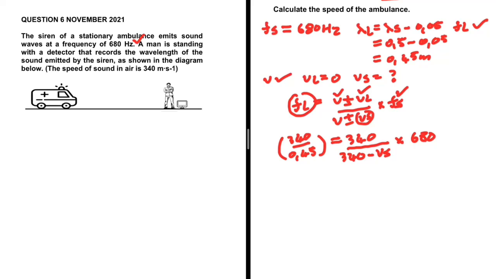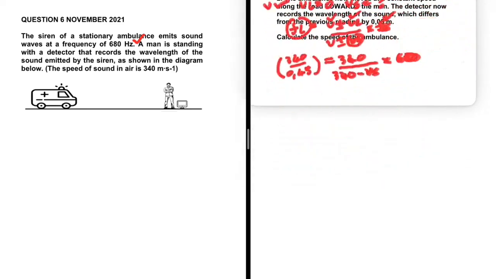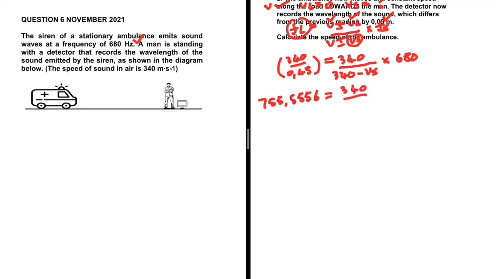We just need to solve the math. But a lot of people still make a mistake, even if they manage to get to this point. Let's say 340 divided by 0.45 is 755.5556. So we have 755.5556 equals 340 divided by (340 minus VS), multiplied by 680.